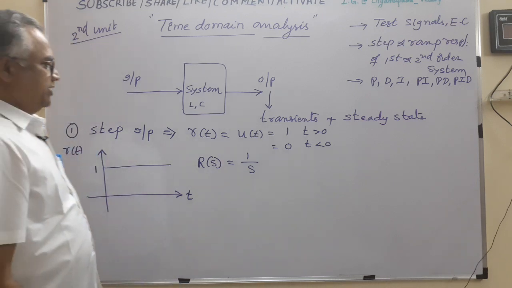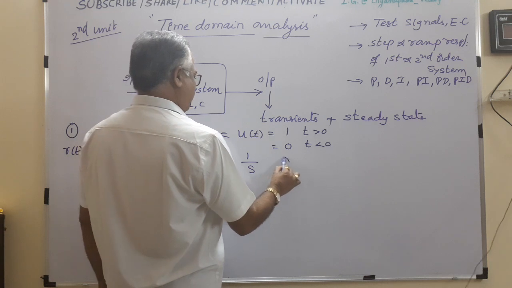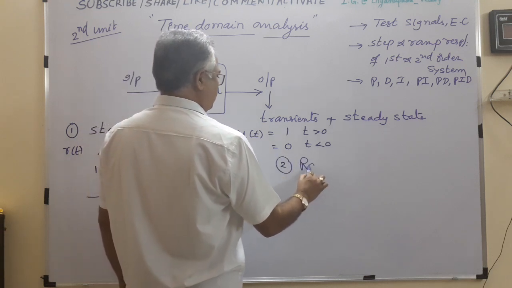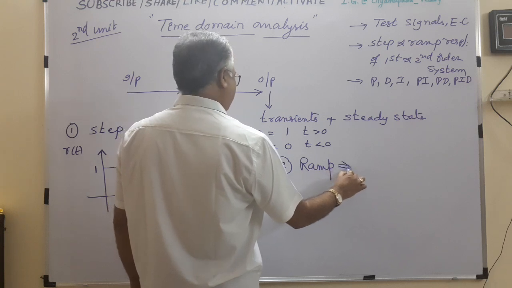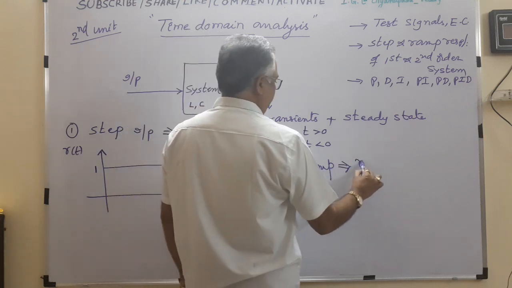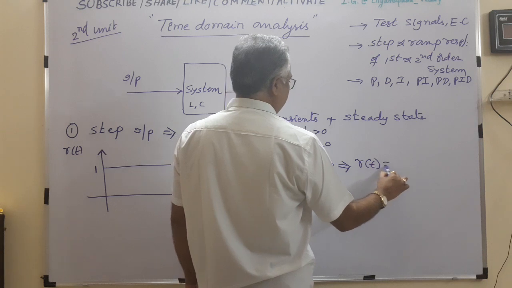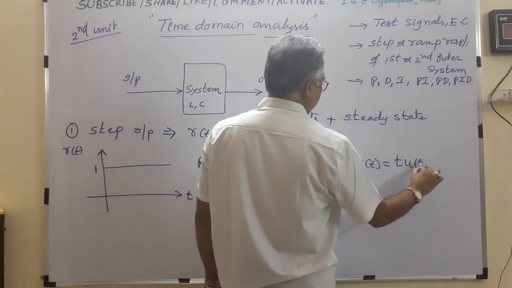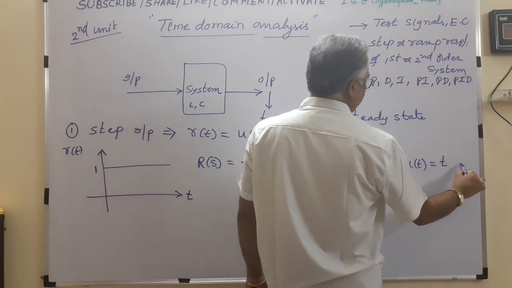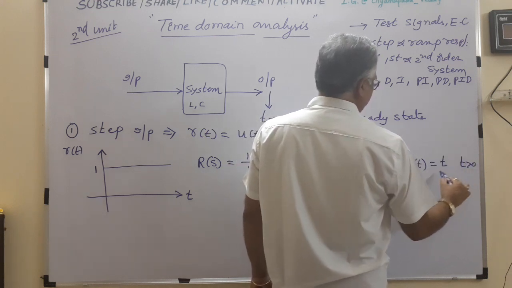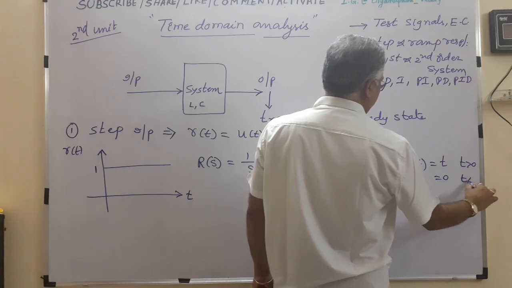The second test signal is ramp. It is defined like this: r of t is equal to t u of t, equal to t for t greater than 0, equal to 0 for t less than 0.